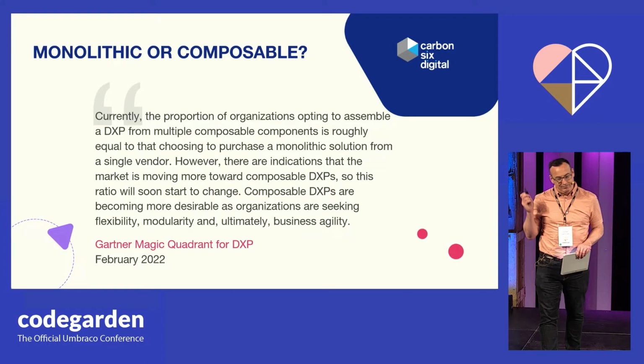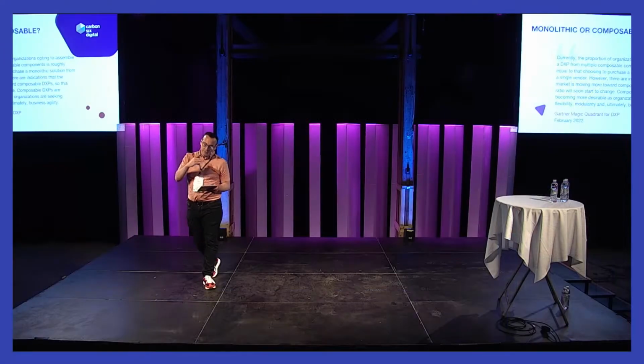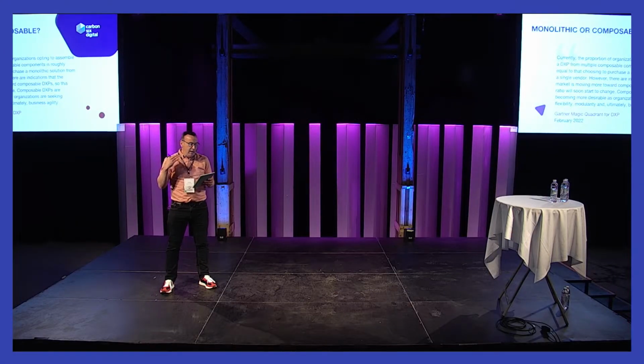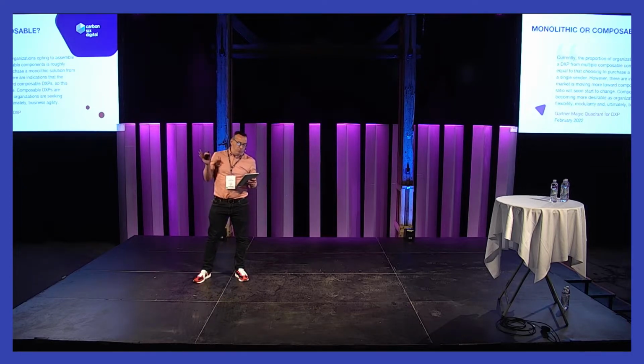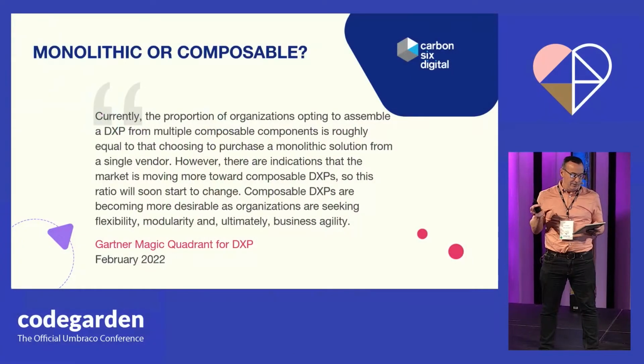So, there's a clear direction of travel for Umbraco HQ, and that's the composable DXP play. And it is reflected in the wider market, and Gartner seems to agree as well. And there's some stuff here that I thought was interesting. So it's a long, wordy passage, but currently the proportion of organizations opting to assemble a DXP from multiple composable components is roughly equal to that choosing to purchase a monolithic solution from a single vendor.